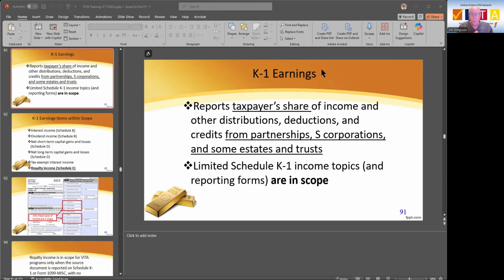When you see a K1, they're rare. You don't see many. There could be a few of them, but it's only when they're passing through the simple kinds of income that we can do those. We can't do ones where they're really involved in a business, in a partnership, in a construction company or something like that. Those, we can't do.